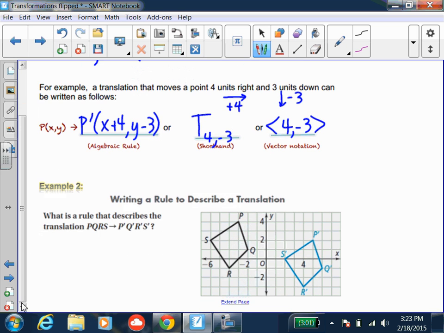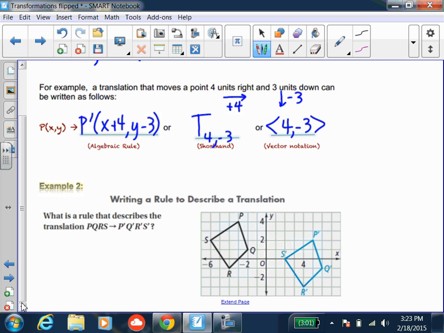All right, so for this example, writing a rule to describe a translation. What is a rule that describes the translation PQRS to P prime, Q prime, R prime, and S prime? Let's see what happens.